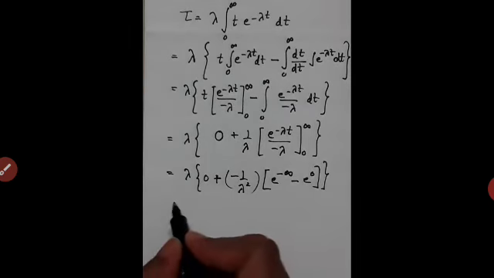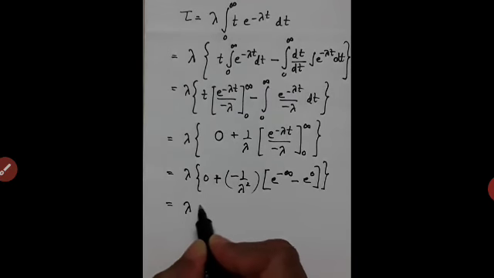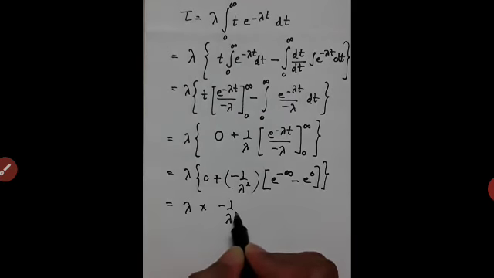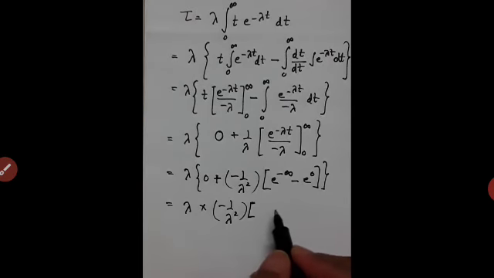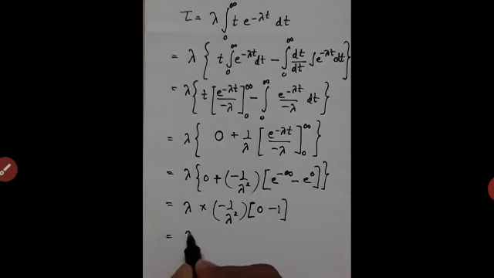So we see here it is lambda into minus 1 by lambda square, and now e raised to the power minus infinity is 0, e raised to the power 0 is 1, so we have lambda into minus 1 by lambda square into minus 1.